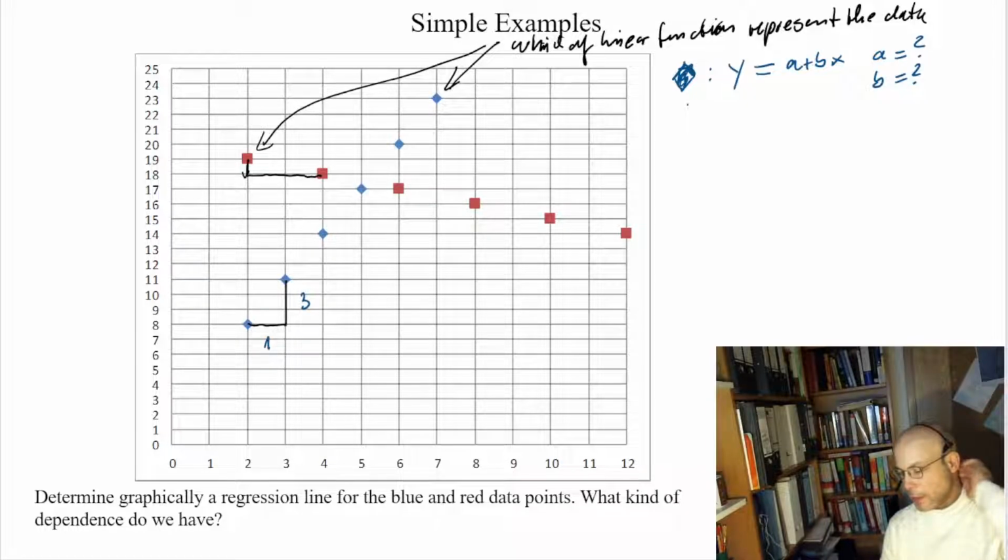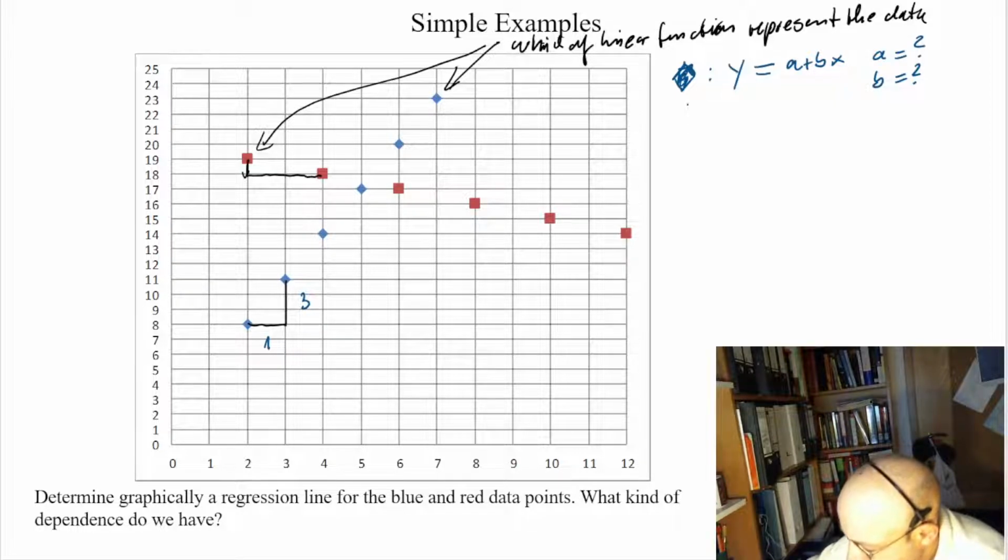First of all, I think we can already directly see what the slope of our linear line for the blue data points is.